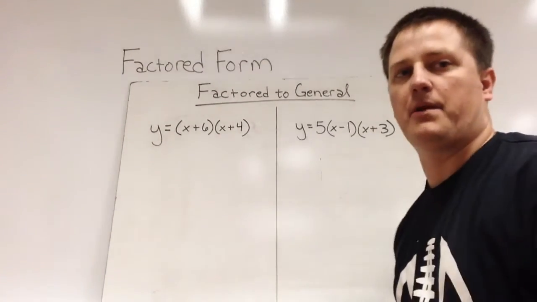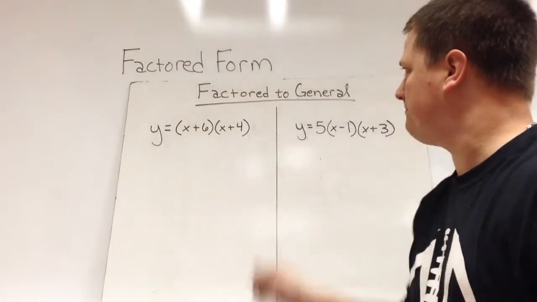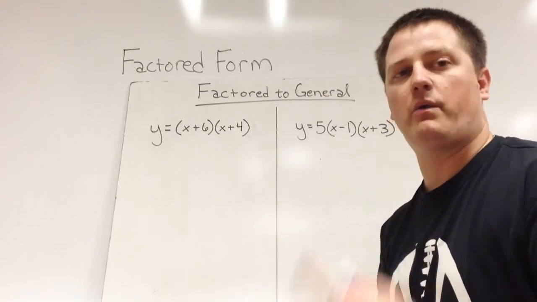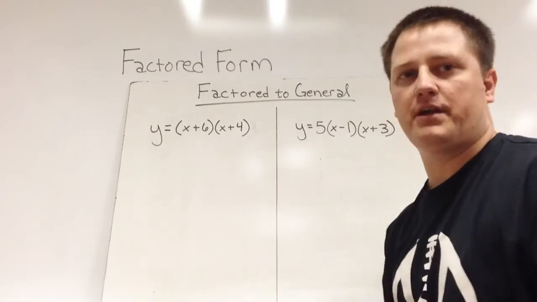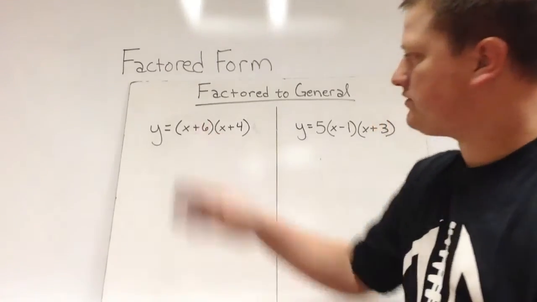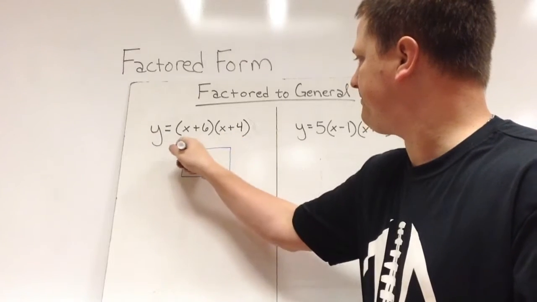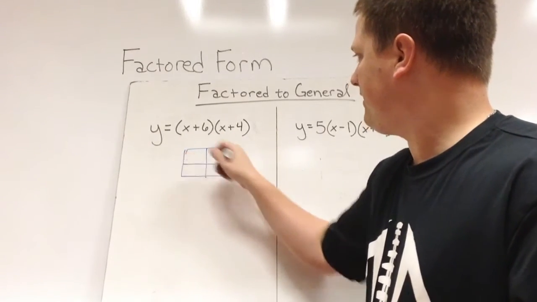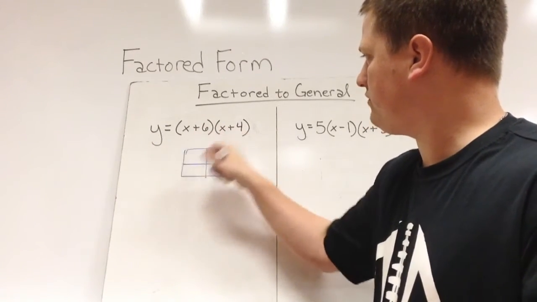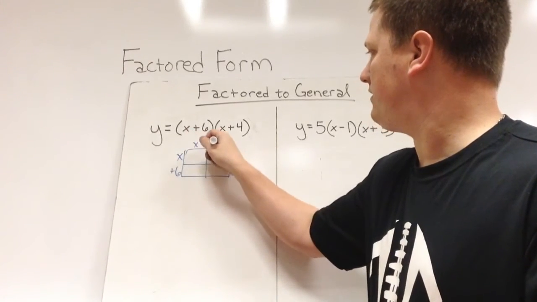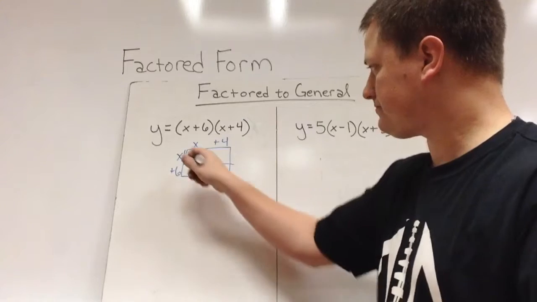The last thing that we want to be able to do is turn factored form into general form. Well, to do that, we can either use the Punnett square or FOIL method. So I have 2 problems here. I'm going to do one of each. The first one, I'm going to use the Punnett square. I'm going to make my square. 2 terms, so 2 and 2. X plus 6. X plus 4.